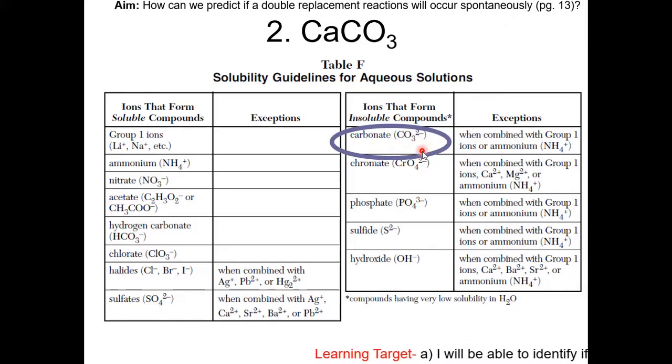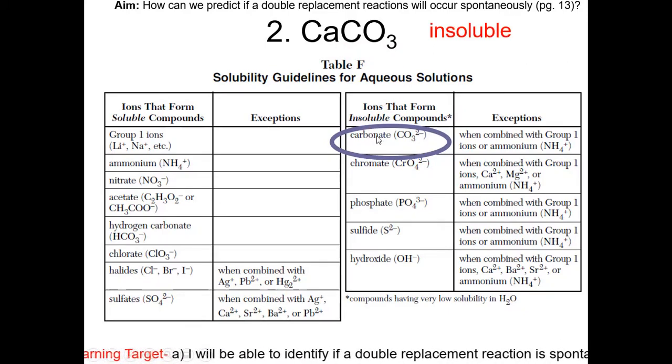So carbonate ions will form insoluble compounds except under these situations. So the question is, is calcium a group 1 element? The answer is no. It's a group 2 element. Therefore, there's no exceptions for calcium carbonate. Therefore, calcium carbonate is insoluble in water at STP.